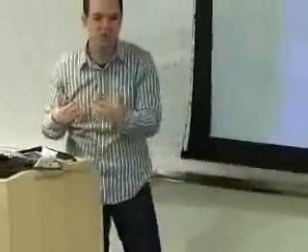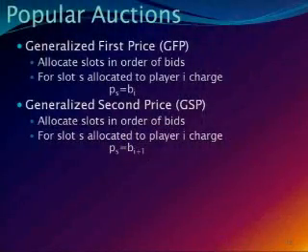In practice, you do have multiple keywords that you could be bidding on. But the idea is that for right now, just to look at the simplest case, okay? Let's assume that we're talking about a single keyword. We've received the bids, we're sorting them, and we allocate the slots in that order. And in the generalized first price auction, we actually charge each advertiser what they bid for.